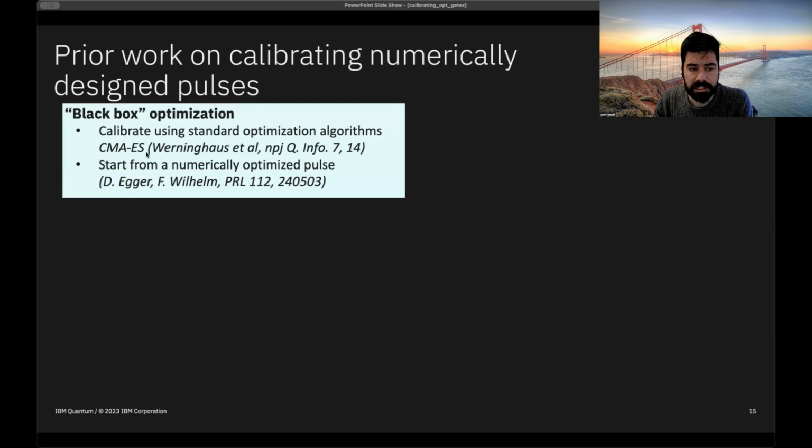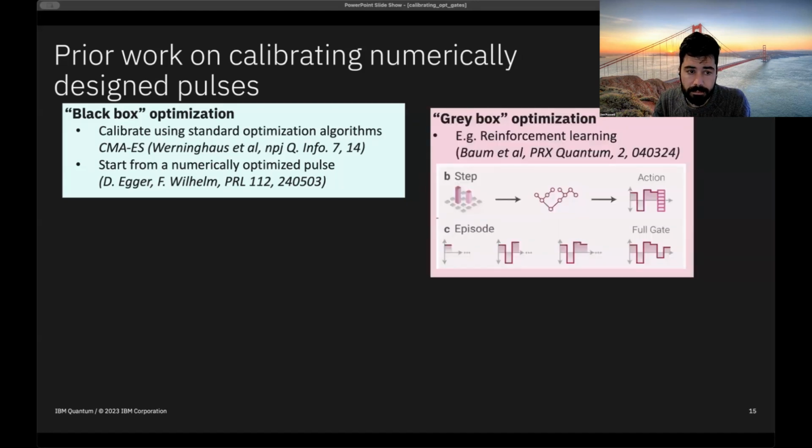They use the CMA-ES optimization algorithm, but these are nice algorithms, but they're still exploring very high dimensional spaces here. What they do in this paper is they take this approach, but also they run an optimization and then use that as the initial guess for the experimental optimizer.